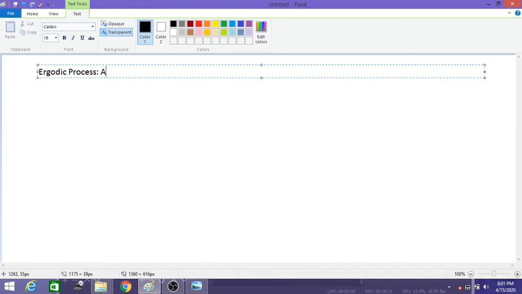A random process is called an ergodic process if, as I told before, the time averages are equal to the ensemble averages. So that is called the ergodic process.